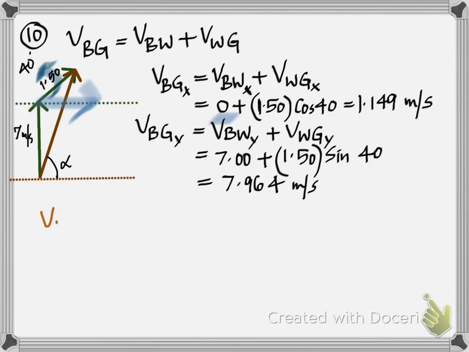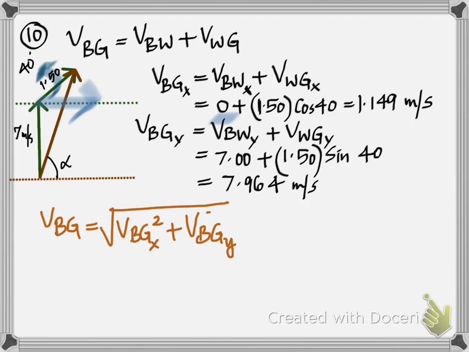And since we now know the vertical and the horizontal components, you know how to find the total: square them, add them, take the square root. That is when you get the velocity of the ship relative to the earth.